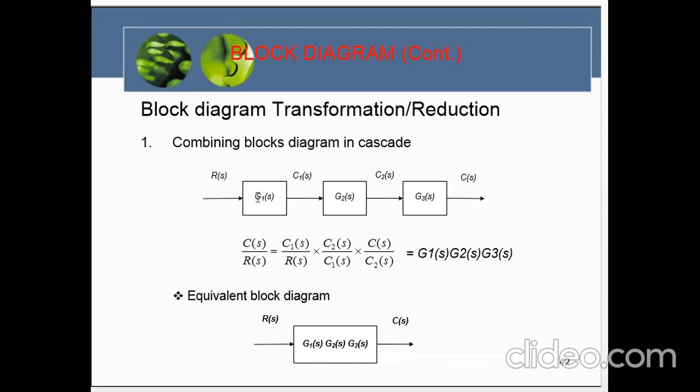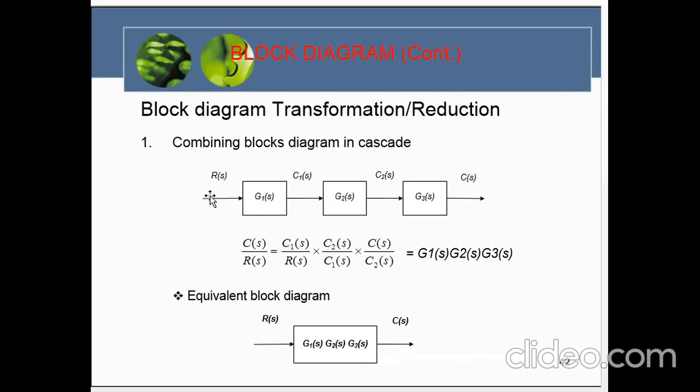The input for G1 is R(s), the output is C1(s), and this becomes the input for G2, and then the output of G2 is C2(s) and becomes the input for G3, and then the output of G3 is C(s), the total output from this system.